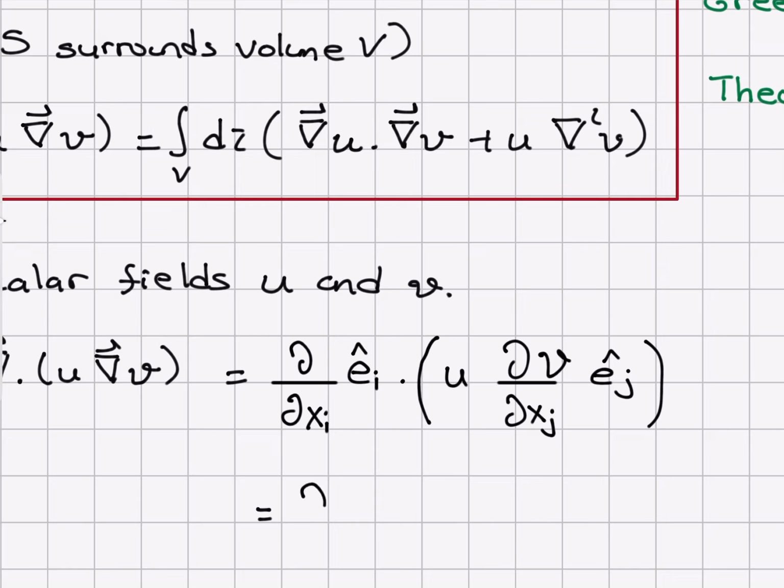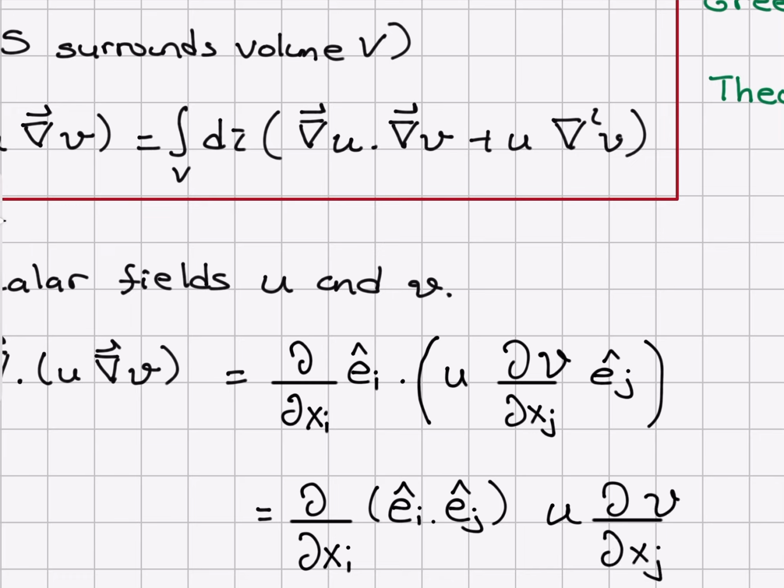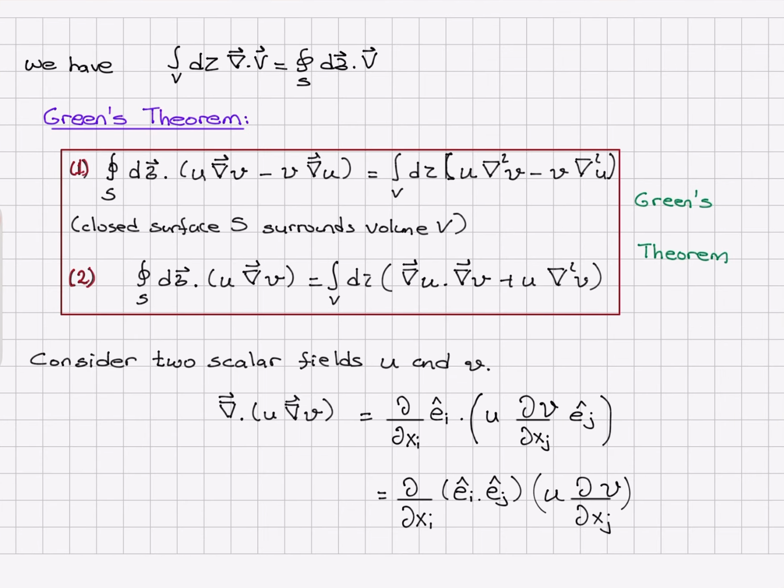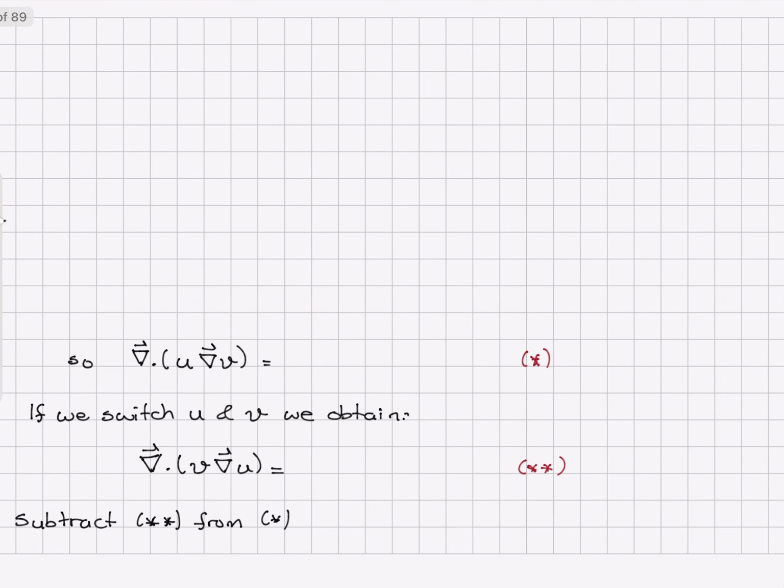So we have ∂/∂xi, and we have the dot product of ei hat and ej hat, the two unit vectors, and then we have the scalar field u ∂/∂xj applied to v. All right, and now we can recognize that the dot product of two orthonormal unit vectors, ei hat dot ej hat, is Kronecker delta ij.